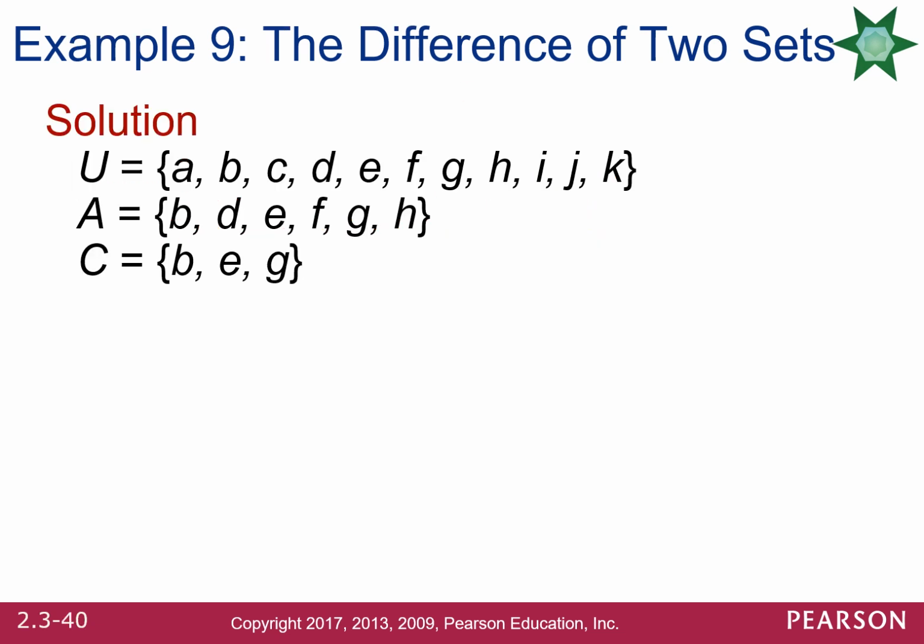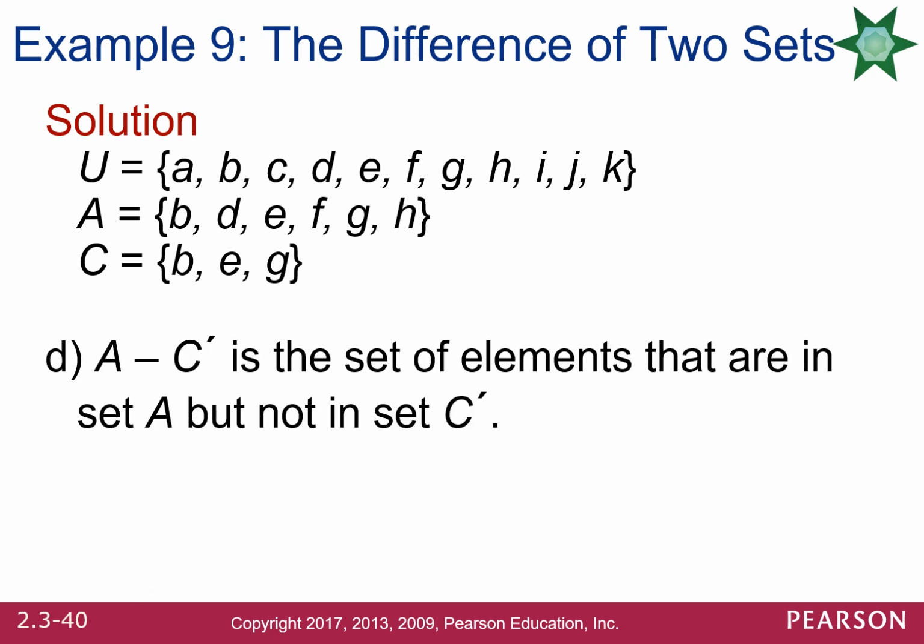Let's look at the last solution that we worked on. So this one was A minus C naught, or A minus the complement of C. This time A remains the same, but we have to first find what C naught is. So again, we go back to the universal set.